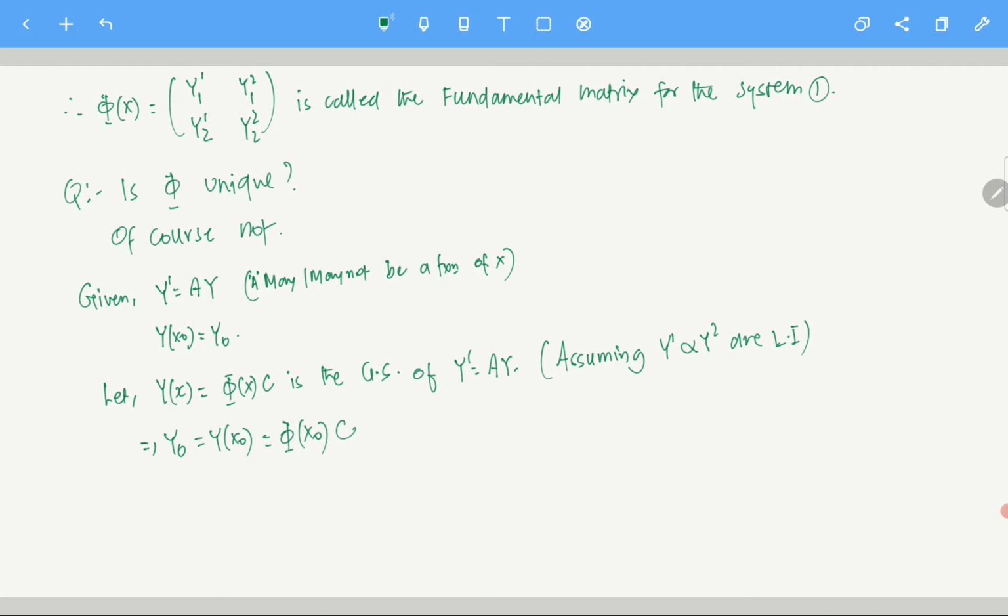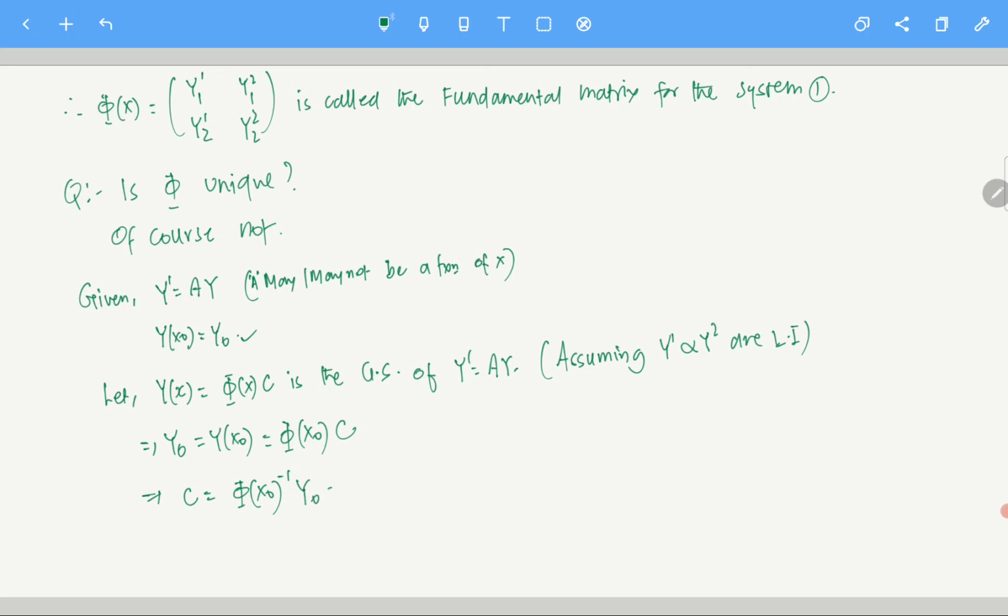Since this satisfies y at the point x naught equals y naught, this is true. Now that will give me C. Can I write it like this? C equals phi of x naught inverse times y naught.